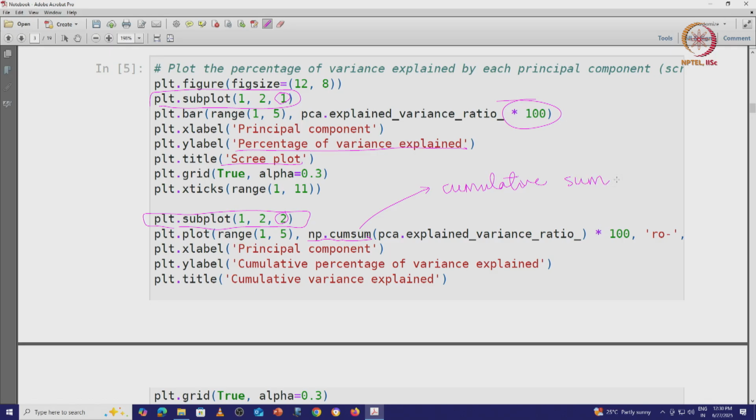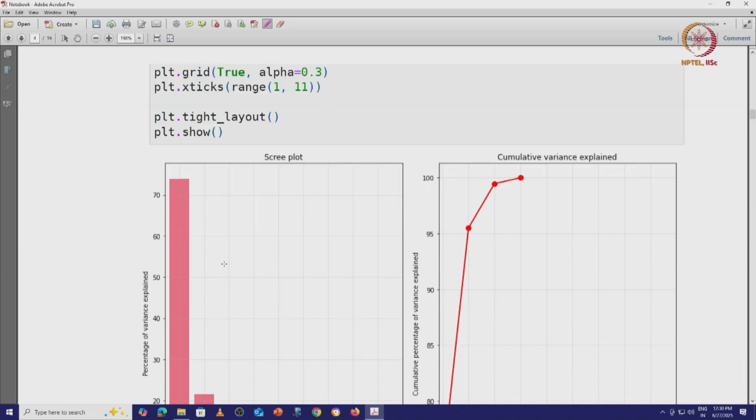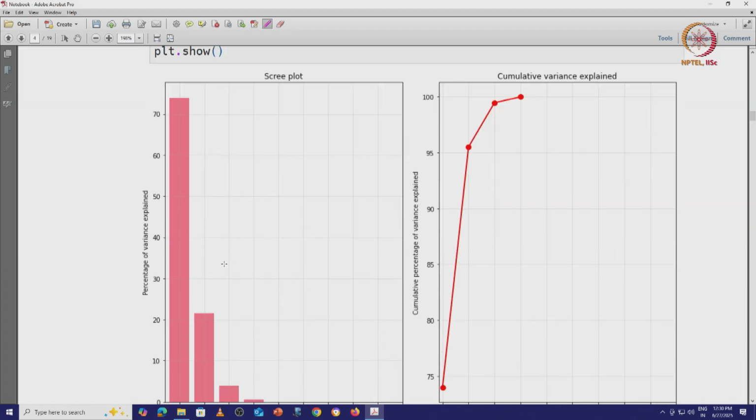Okay, so you can see the plots here. Alright, so the left plot, like I said, is the Scree plot.